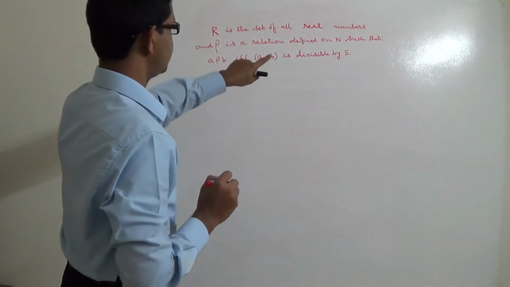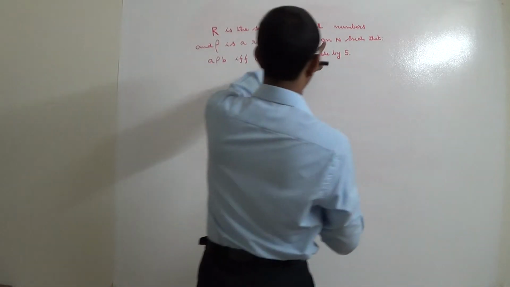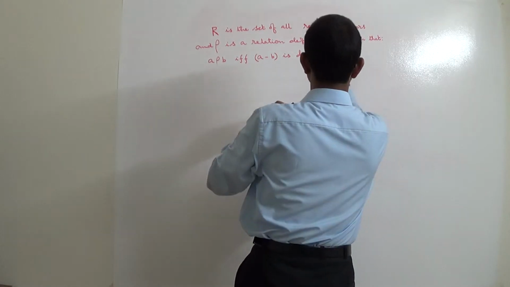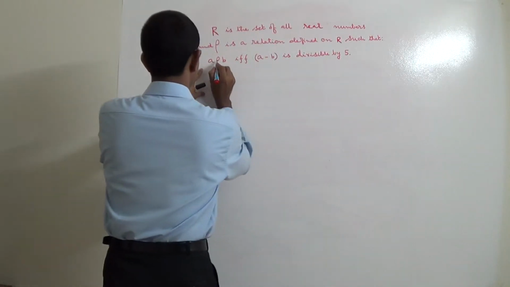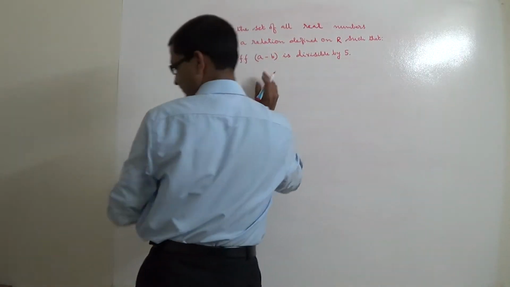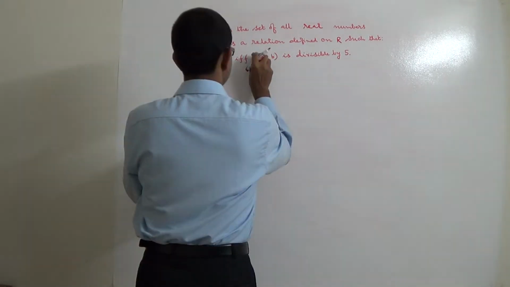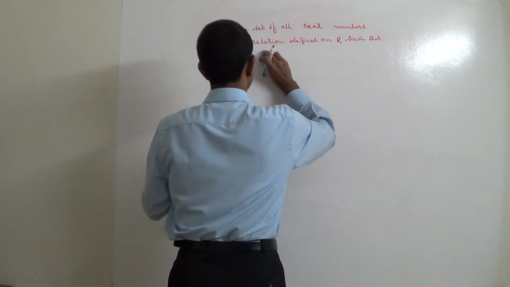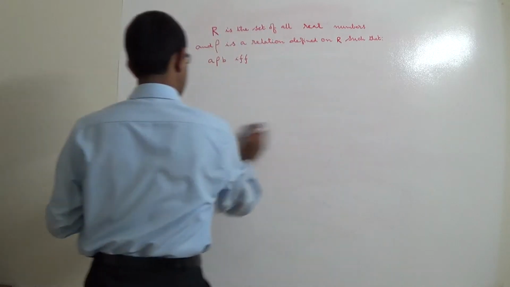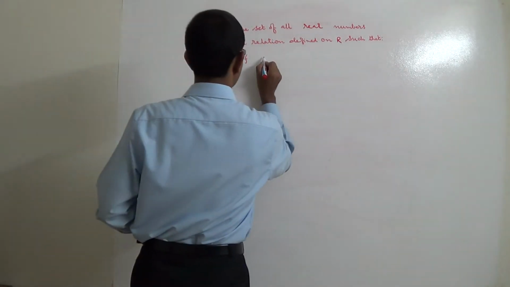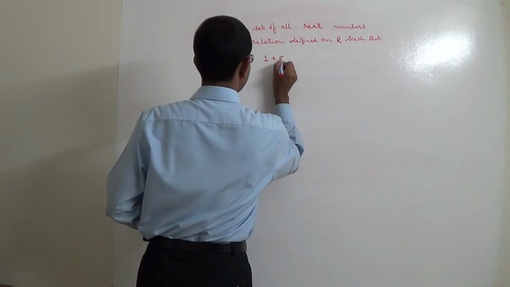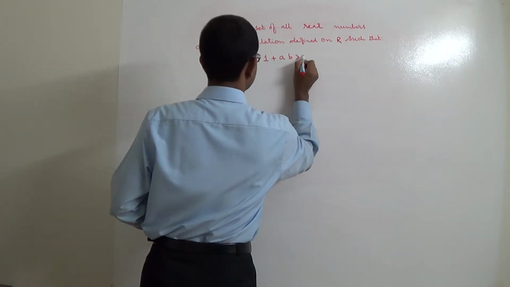And rho is a relation defined on R such that A rho B, if and only if, our definition is that A rho B if 1 plus A into B is greater than 0.